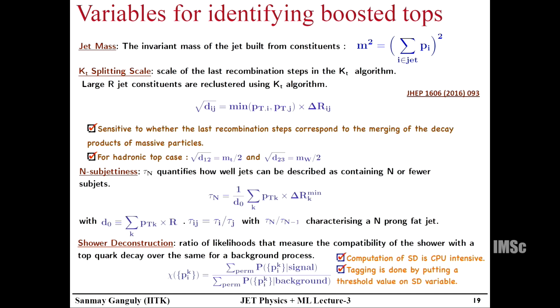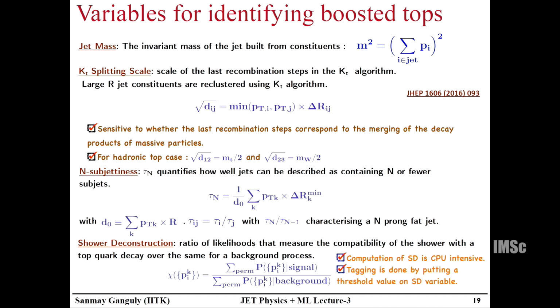So jet mass was one of them. Then there are dimensionful quantities like KT splitting scales. So remember, this is always done like you have a jet, go back to the last iteration of the recombination of the jets, and keep computing them.